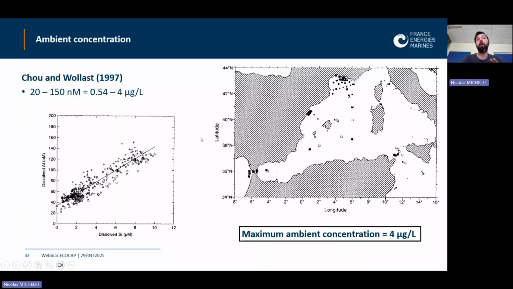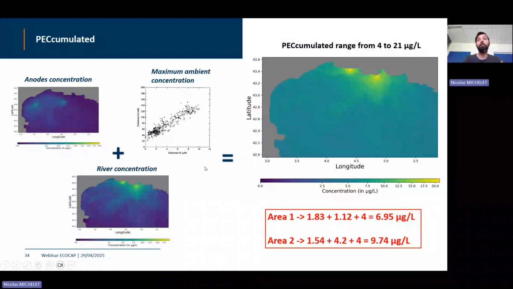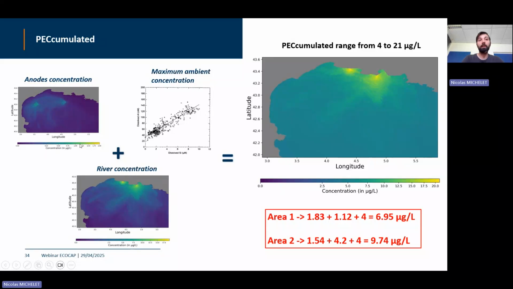So now we have our 3 different sources of aluminium, and if we combine them by simply addition, we have our PEC cumulated, which is the accumulation of every source, and we can see here on the bottom right what are the different influences over the wind farm areas.